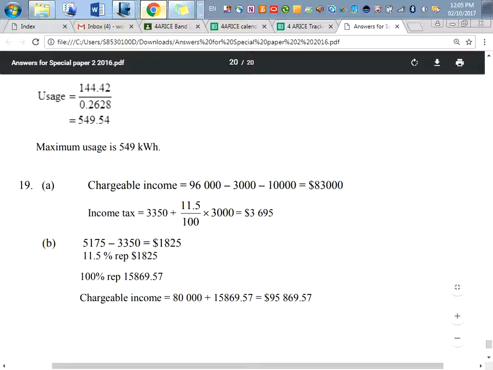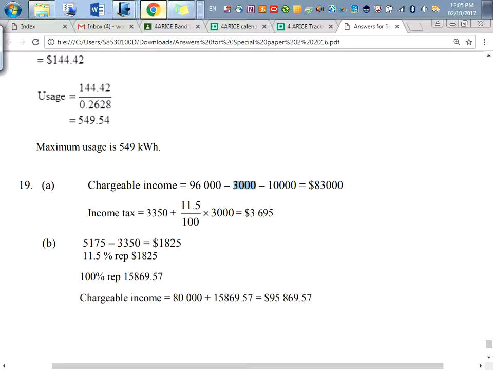In part A, Sarah's annual income was $96,000. She donated $3,000 and was entitled to $10,000 personal relief. Calculate her individual income tax. This is what she earned, $96,000. Because she did charity work, they removed the $3,000 from her.